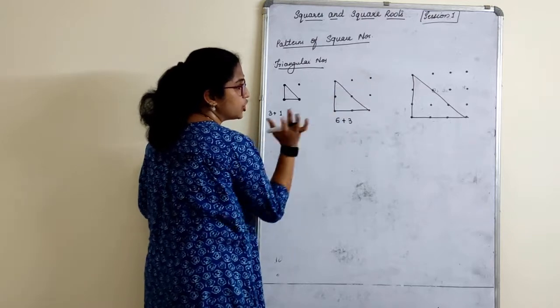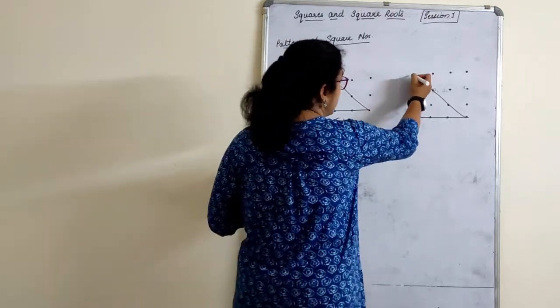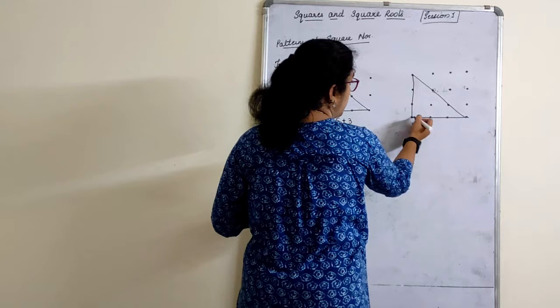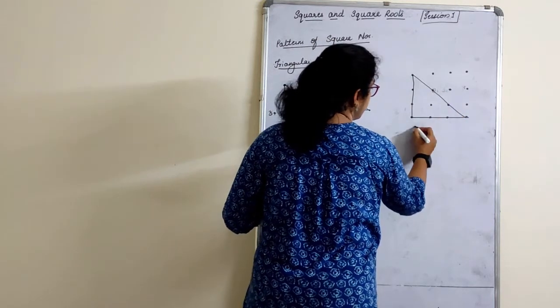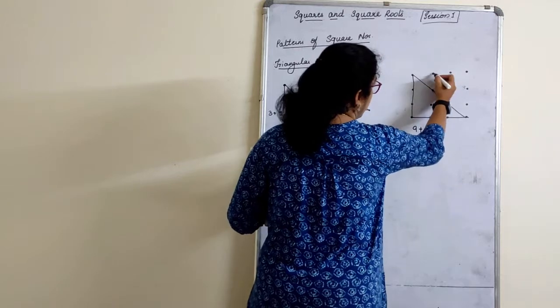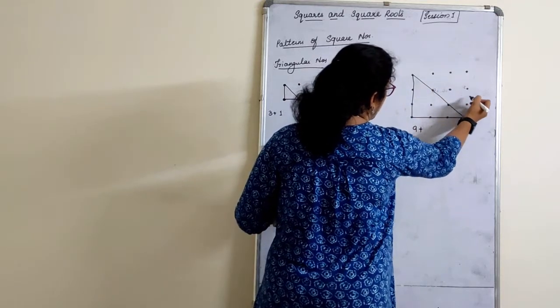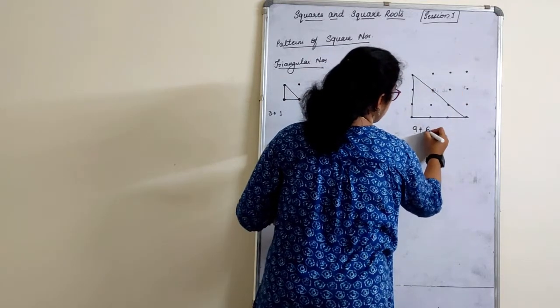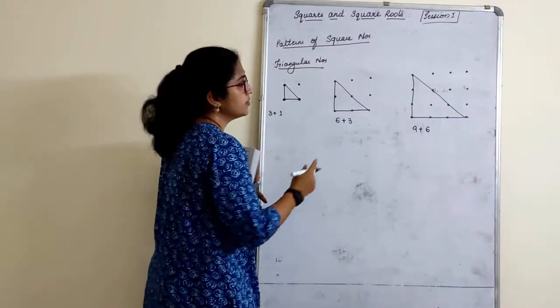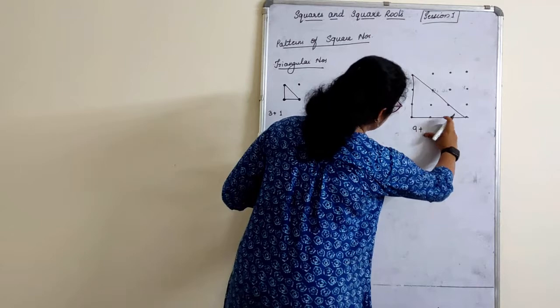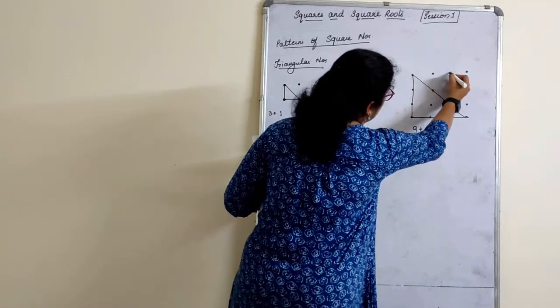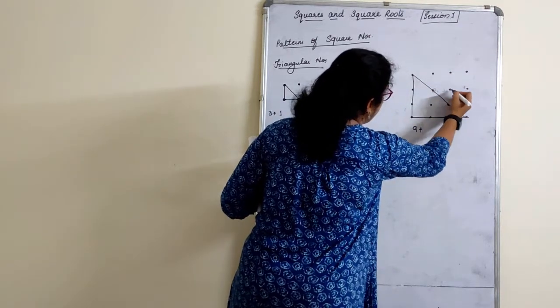Plus 3 points which are remaining over here. 1, 2, 3, 4, 5, 6, 7, 8, 9. Once again, did we miss? Yeah, 6. Sorry. See here. 1, 2, 3, 4, 5, 6.